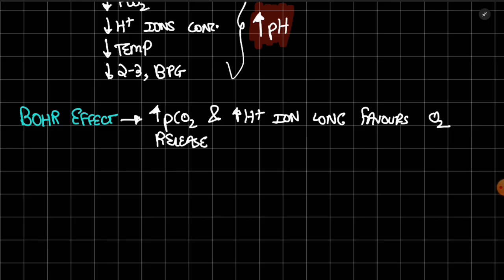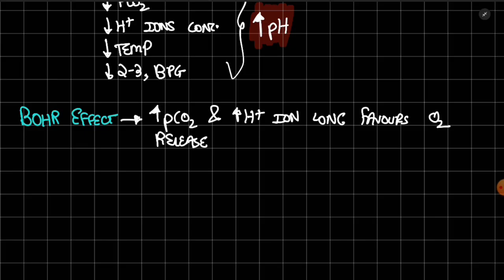So what happens when a blood vessel is carrying oxygen to the tissues? The tissues are continuously metabolizing. So PCO2, the partial pressure of CO2, is increasing, the lactic acid is increasing, acidic conditions are there, so H plus ion concentration is also increased. This condition favors O2 release.